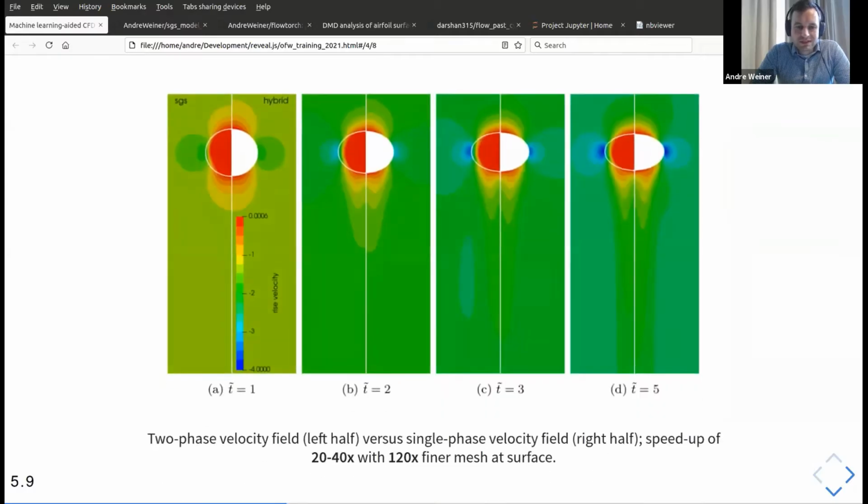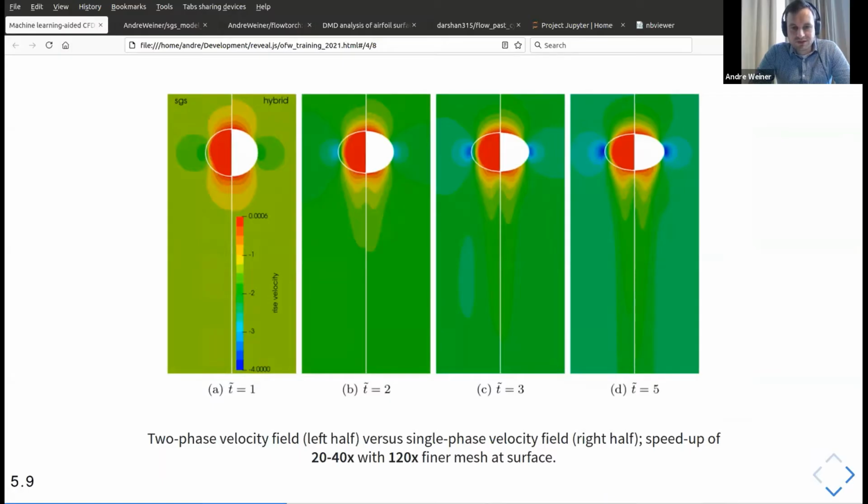All right, and here's how the results look. As mentioned before, we have different Reynolds numbers increasing from left to right. The left half of each picture is the two-phase flow simulation where you have the gas phase, and the right half is the machine learning-based single-phase simulation.